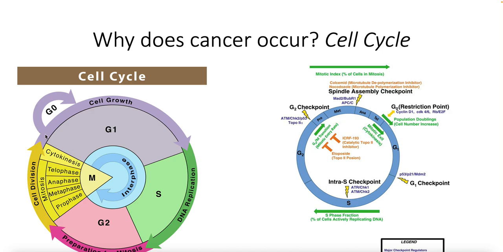There's a fancy little arrow right here that says G0. So G0 basically means the cell is not growing anymore. And there's certain cell types that can enter and exit G0 phase as they please. An example of this is your neurons. I don't know if you guys have ever heard the myth that once you kill your brain cells, you kill your brain cells.